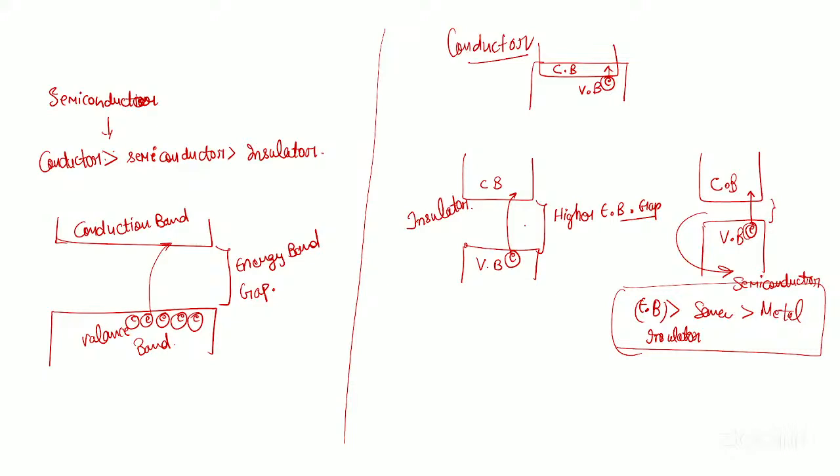But for insulator, this energy band gap is very high, so that the electron cannot jump from the valence band to the conduction band. But if we talk about the same for semiconductor, there is a band gap, but it is not too high and not too low. So by providing some input, like heat energy or whatever energy we provide, the electron will absorb that energy and jump into the conduction band easily. And we can make the semiconductor behave as a conductor. Got it?